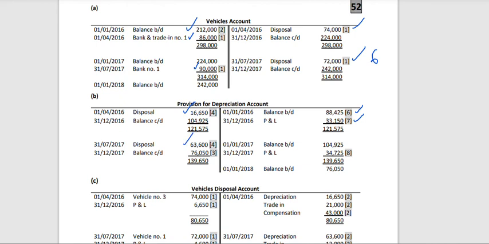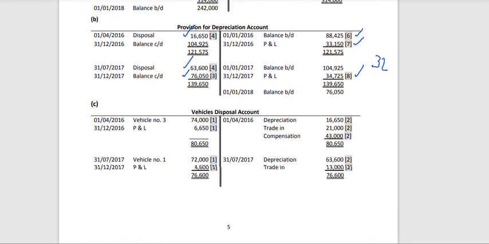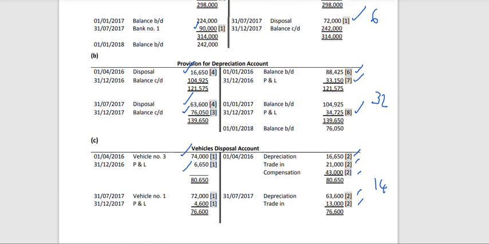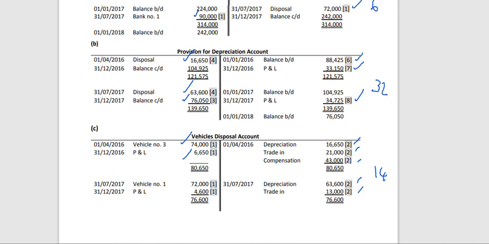Then we worked that out, we worked that out, and we worked that out. So in total, you're looking at 32 marks for that. And then the vehicles disposal, we have these I've just shown you: 2, 4, 6, 8, 10, 12, 14 marks there. So 52 marks out of the 60 for those T accounts, which we have.